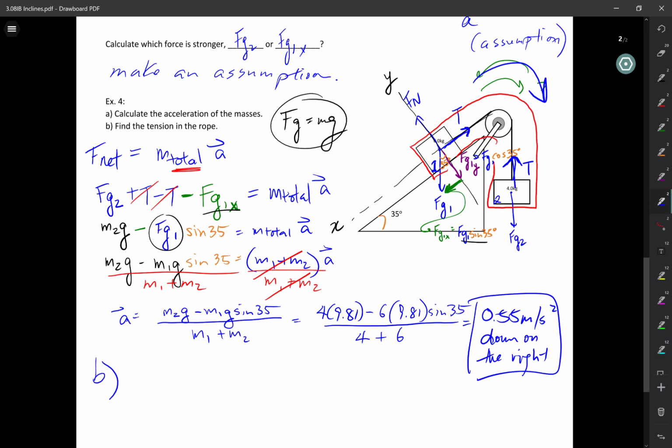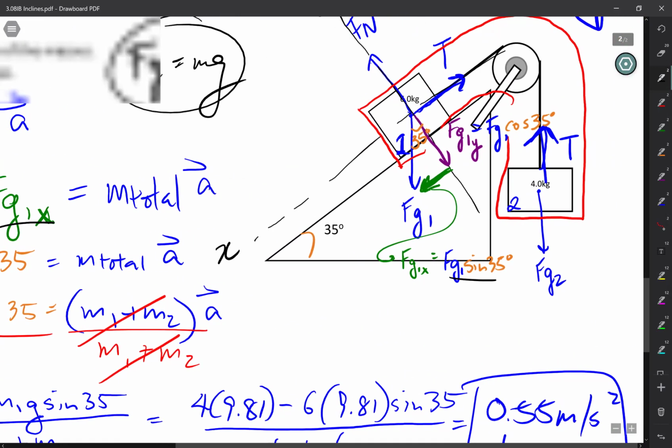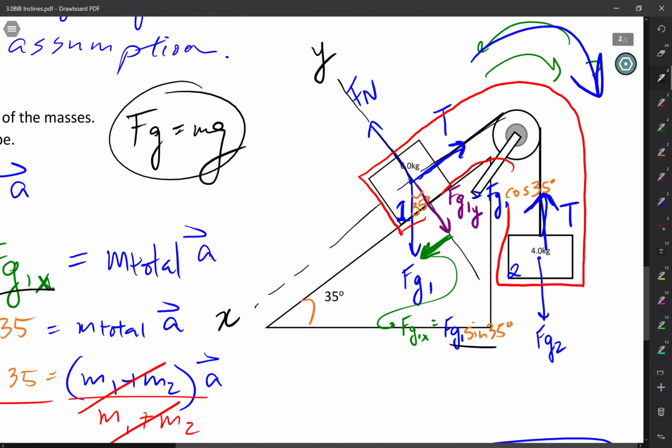When we're finding the tension in the rope, you learned previously in 3.06 on tension that it is much easier to change our system to not use two objects, but only one object as your system.